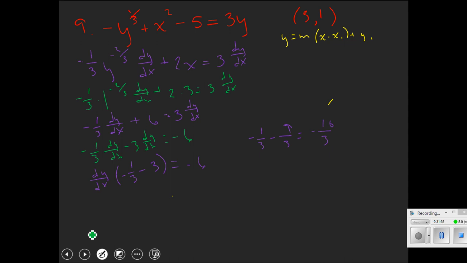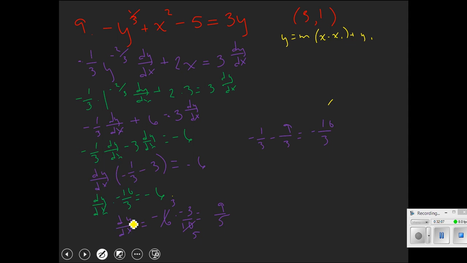So we have dy/dx times negative 10/3 equals negative 6. And so finally, we have our answer for the dy/dx with the actual numbers plugged in. So dy/dx equals negative 6 times negative 3/10, this cancels out and this cancels out, so we have 9/5 is our slope.